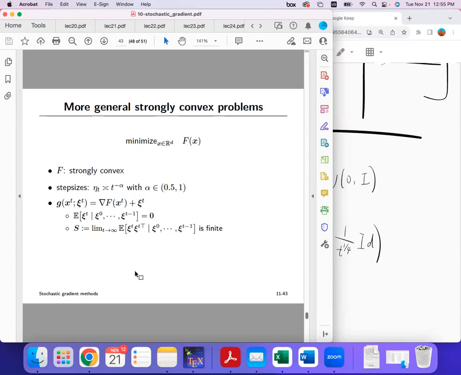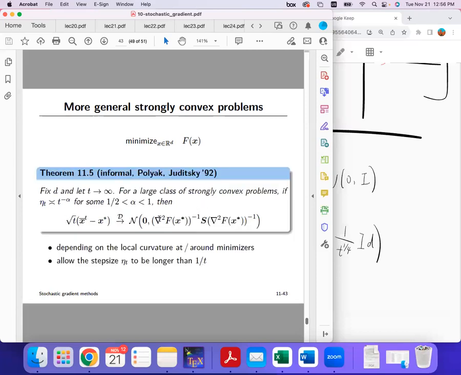And this result can be further generalized to arbitrary strongly convex functions, not necessarily quadratic ones. So the story would be pretty much the same. This is the abstract gradient of this objective function, corrupted by noise. So this is the stochastic gradient.